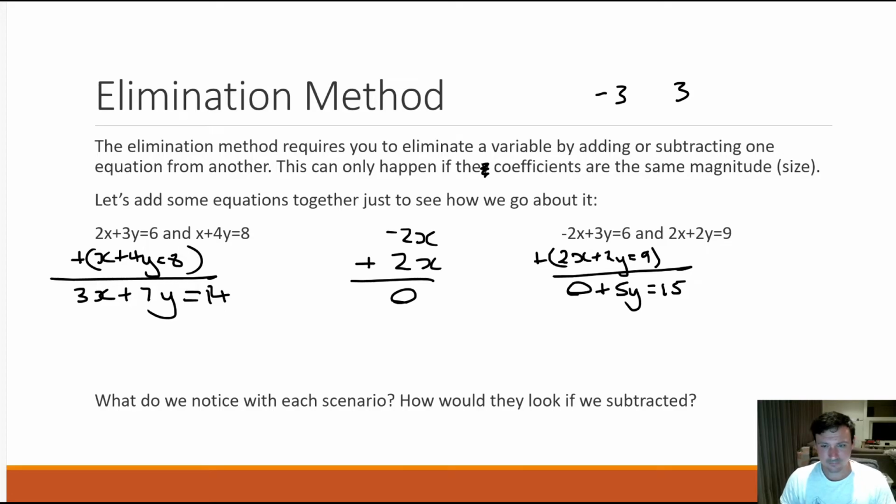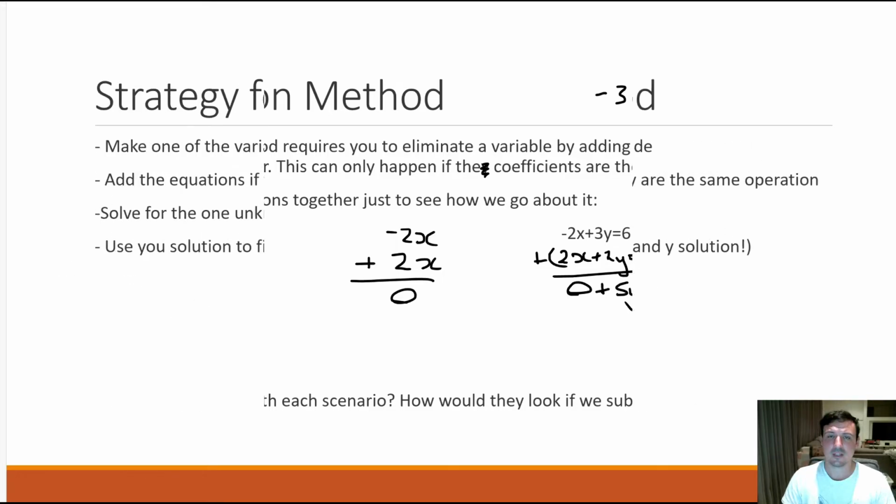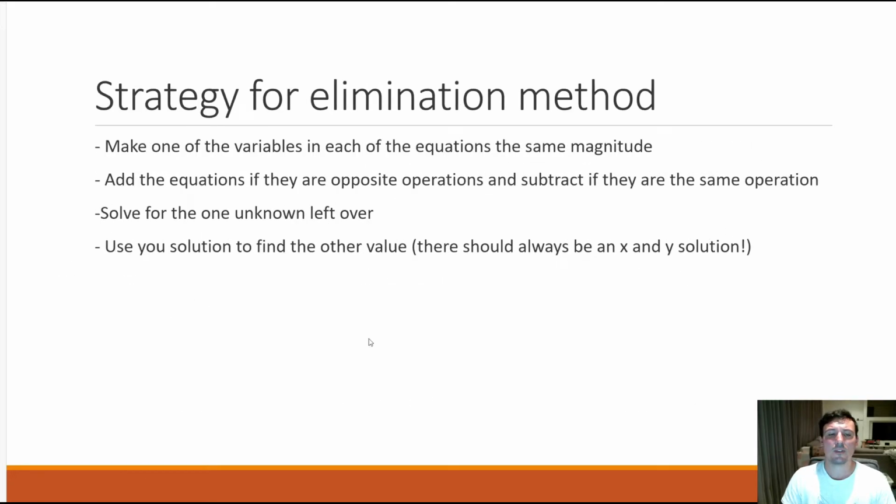Before we move into the strategies, I want you to have a think about how this would look if we subtracted the equations from each other. The strategy for the elimination method goes as follows. 1. Make one of the variables in each of the equations the same magnitude.